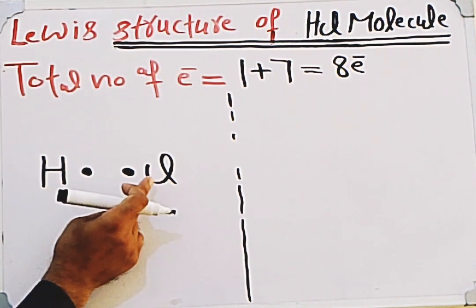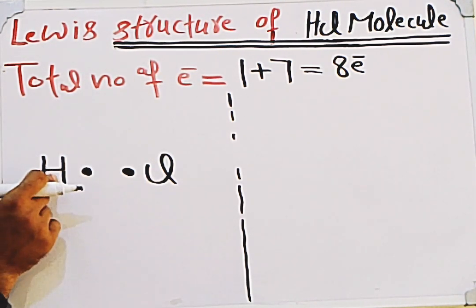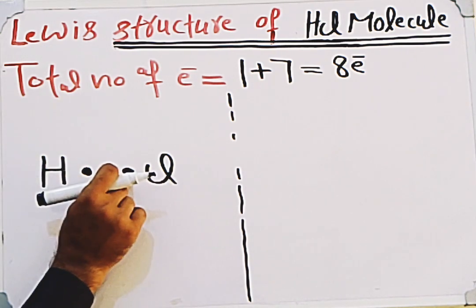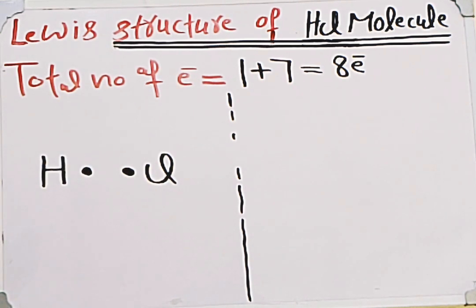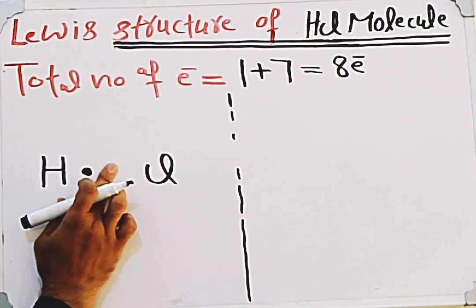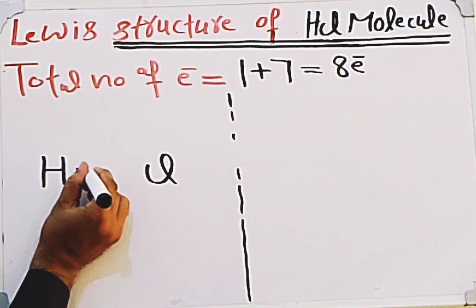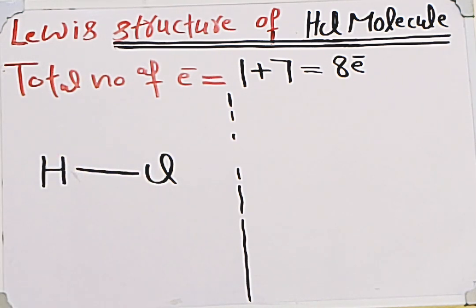So, one electron is provided by hydrogen and the other electron is provided by chlorine. In this way, a single covalent bond is formed between hydrogen and chlorine.